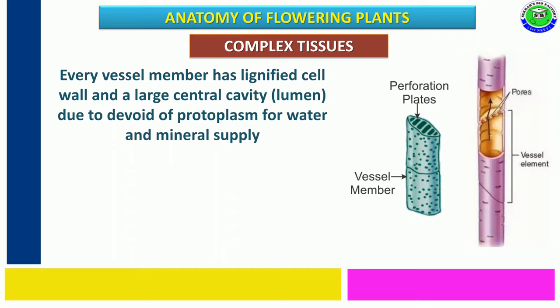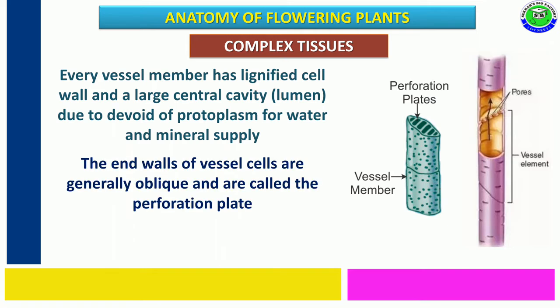Every vessel member present in a xylem vessel has a lignified cell wall. Along with that, at the center it has a larger lumen, called the cavity. It is formed due to the loss of protoplasm, and it is the main site for water and mineral supply.